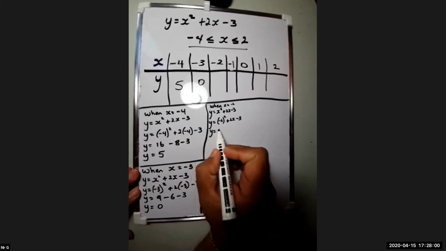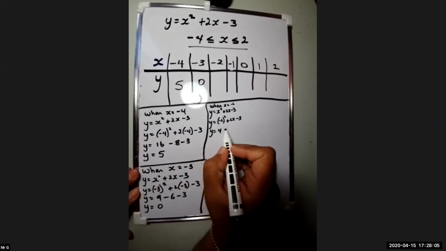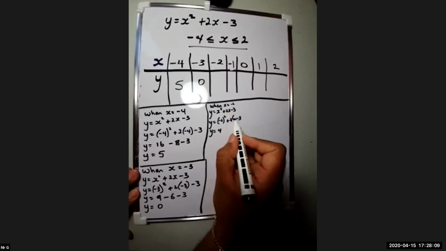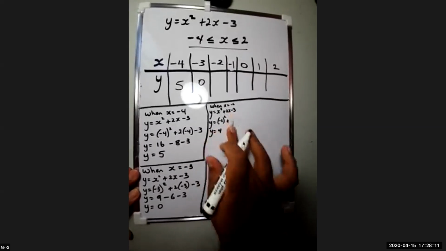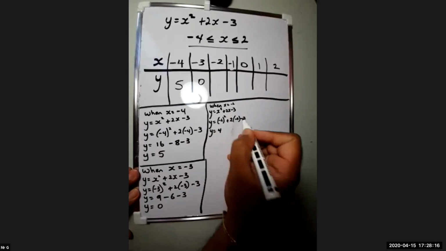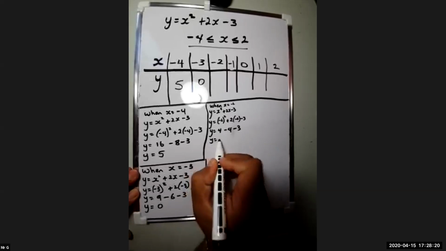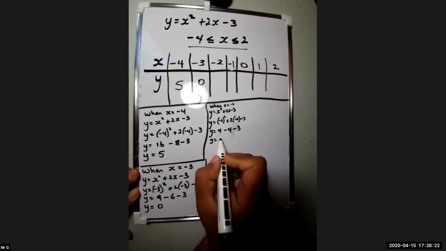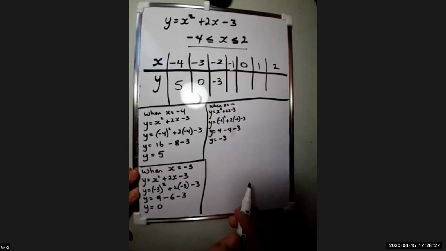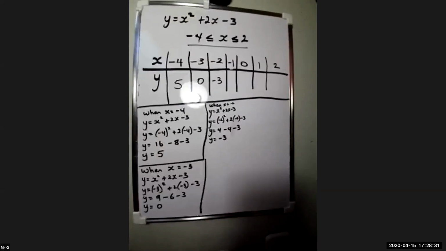Negative 2 to the power of 2 is 4. So this will give us minus 4 minus 3. So this here will cancel off, so you're left with minus 3. So I'm going to give you all 5 minutes to finish off the table, and I'll be calling some of you for answers, okay?